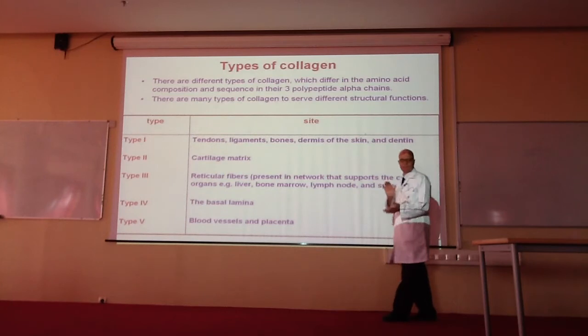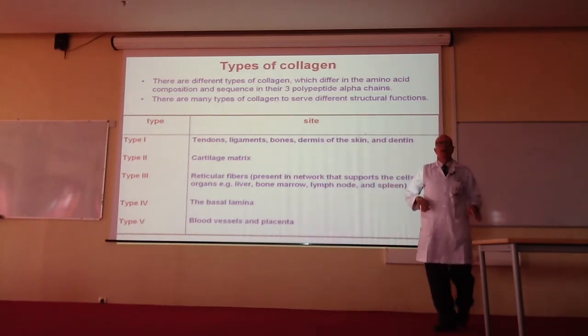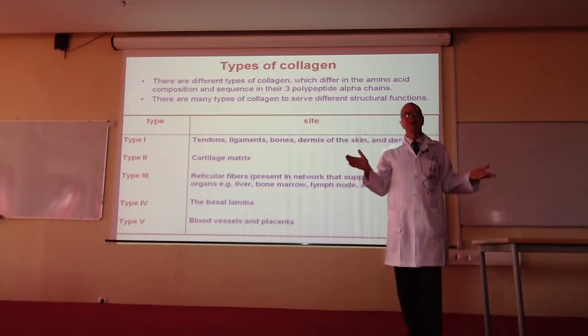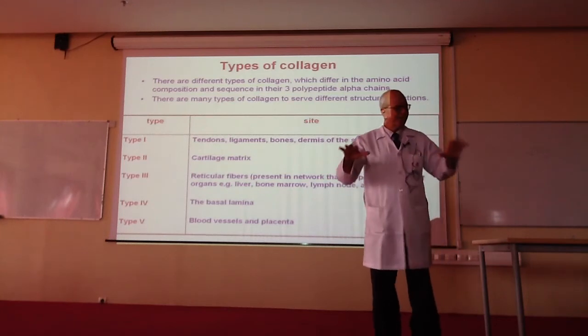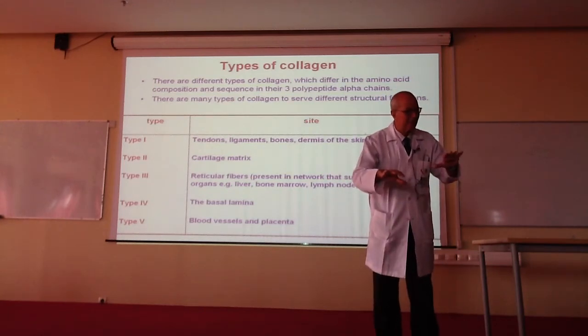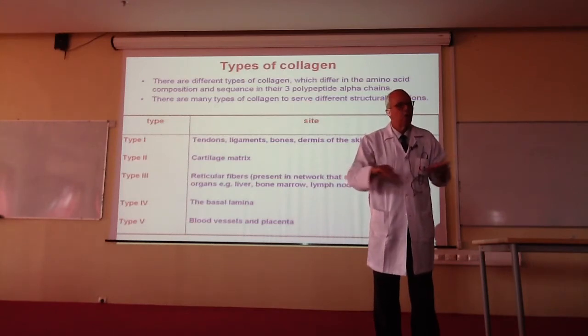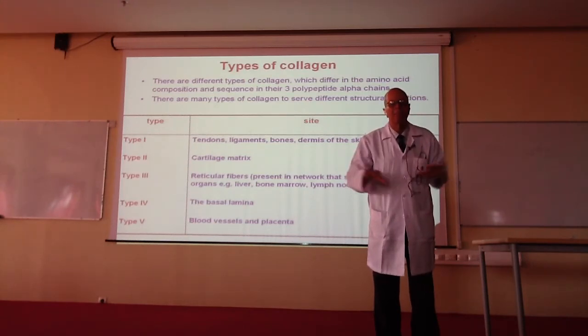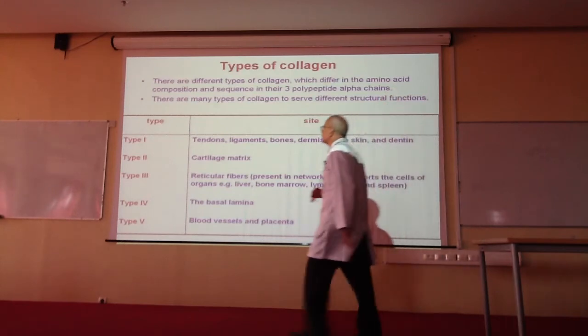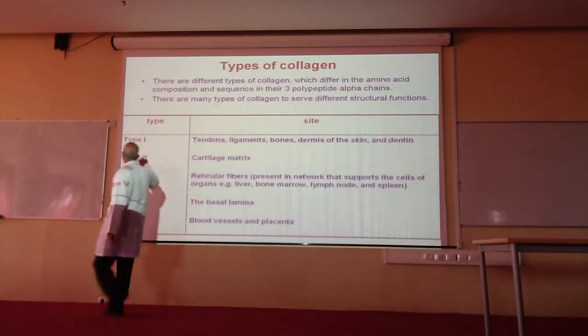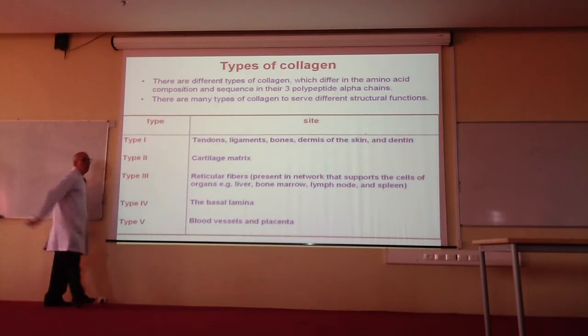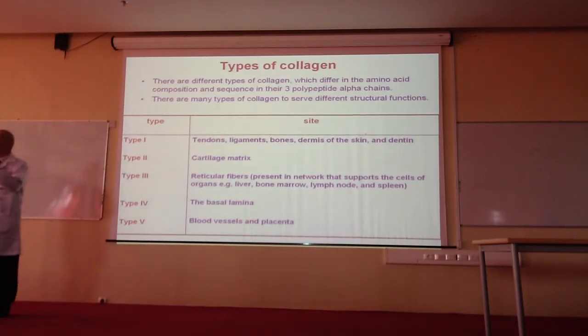Type 2. Cartilage is a type of connective tissue containing cells, fibers, and matrix of ground substance. Does the ground substance contain fibers? Yes. Which type of fibers? Collagen, but type 2. What is the type of collagen in cartilage?